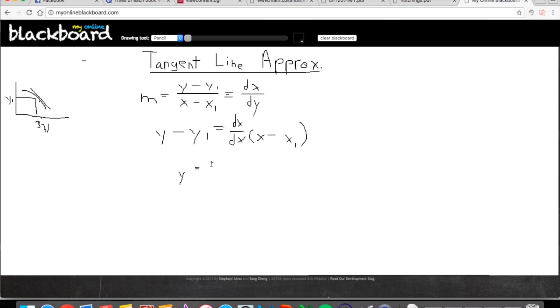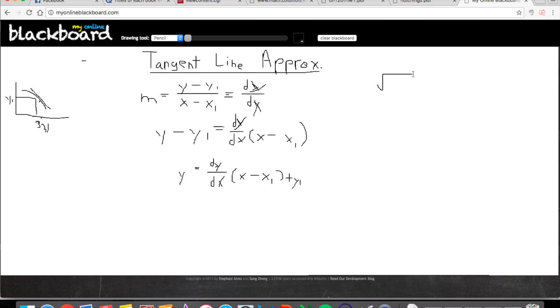So y is equal to dy over dx, multiplied by the quantity x minus x1, plus y1.